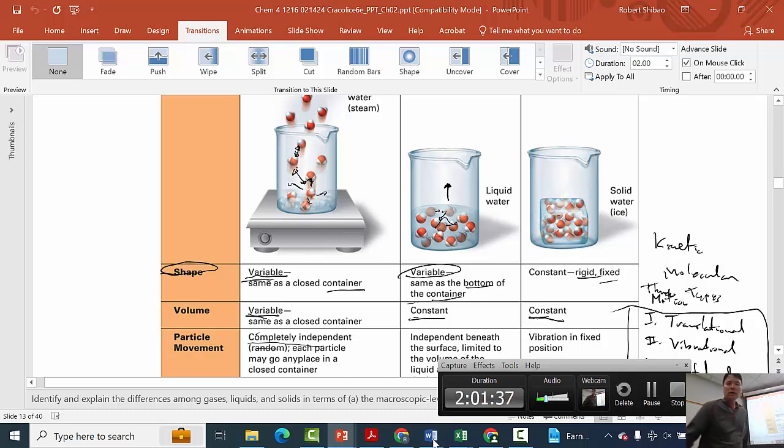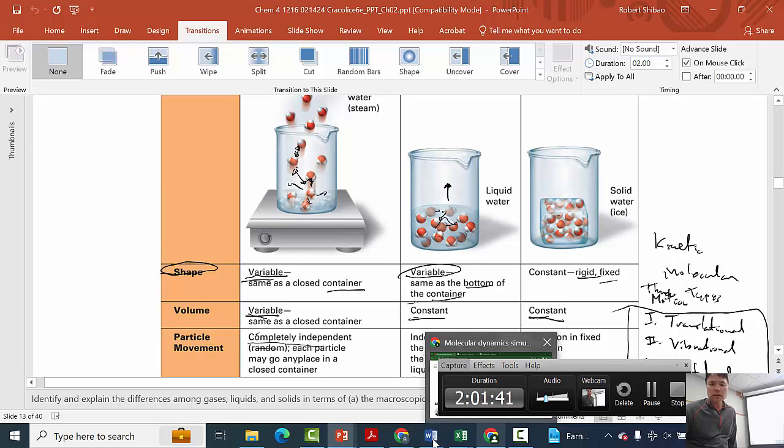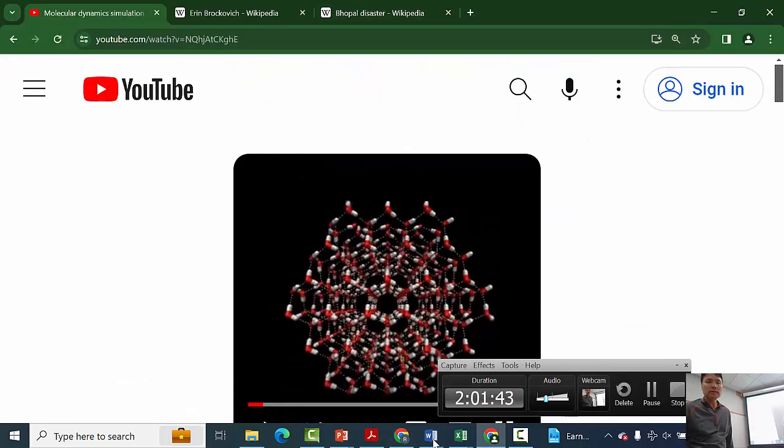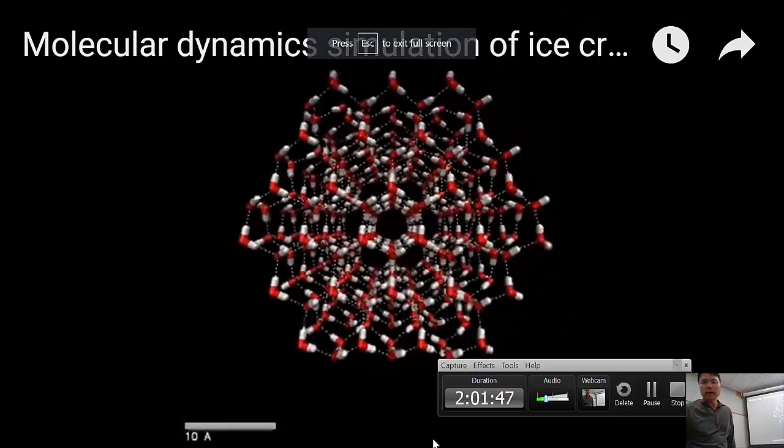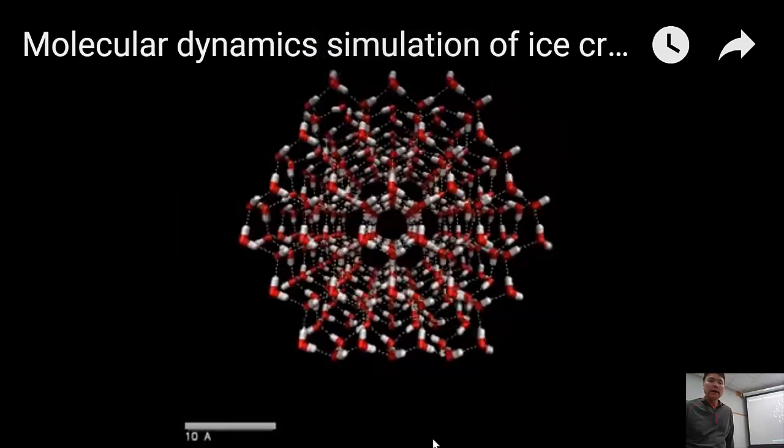So let's take a look at this molecular dynamics simulation here. This comes from quantum mechanics. What we're looking at here is ice. Have you ever seen a snowflake crystal, or a single crystal of ice?